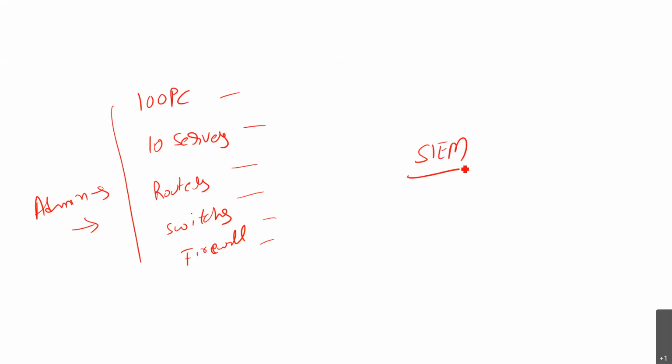SIM takes logs from all the different devices and various sources in your network, keeps all the logs in one place, reads them, and tries to understand what each and every log is trying to tell you.